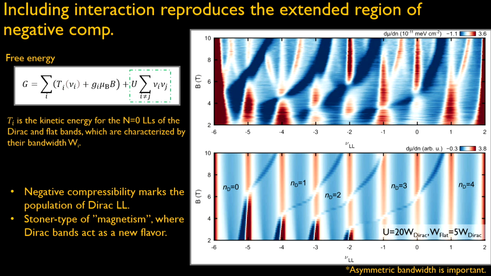And in fact, in order to get a good agreement, we need to assume that the density of states or the width of the bands of these Landau levels of the flat band are considerably broader than those of the Dirac sector. And this gives us a very nice agreement of where all these phase transitions would occur across the different phase diagram.